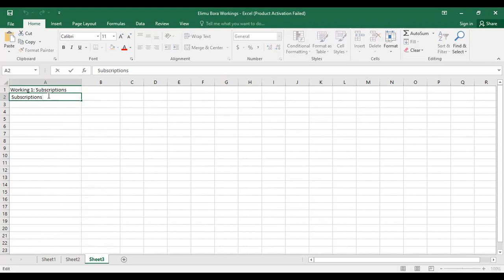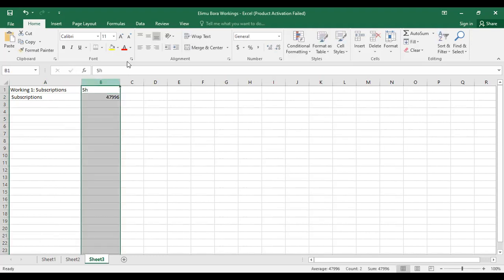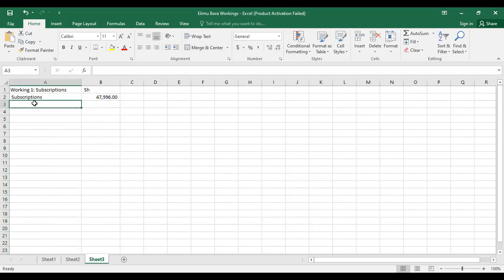So I have the subscriptions that were received during the year, and they are amounting to 47,996, right? This amount is in shillings. Those were the subscriptions received during the year.